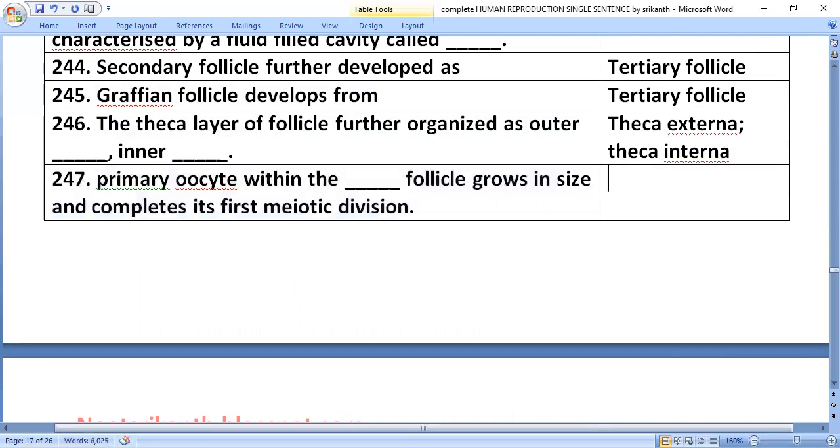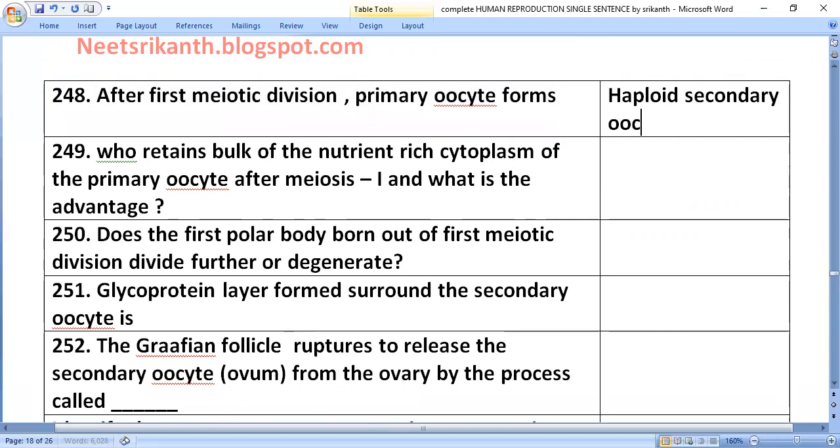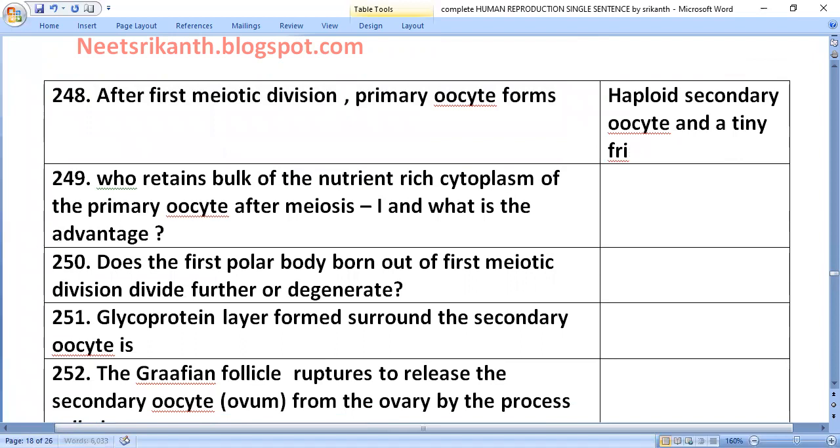The primary oocyte within the tertiary follicle grows in size and completes its first meiotic division. After the first meiotic division, the primary oocyte forms a haploid secondary oocyte and a tiny first polar body.